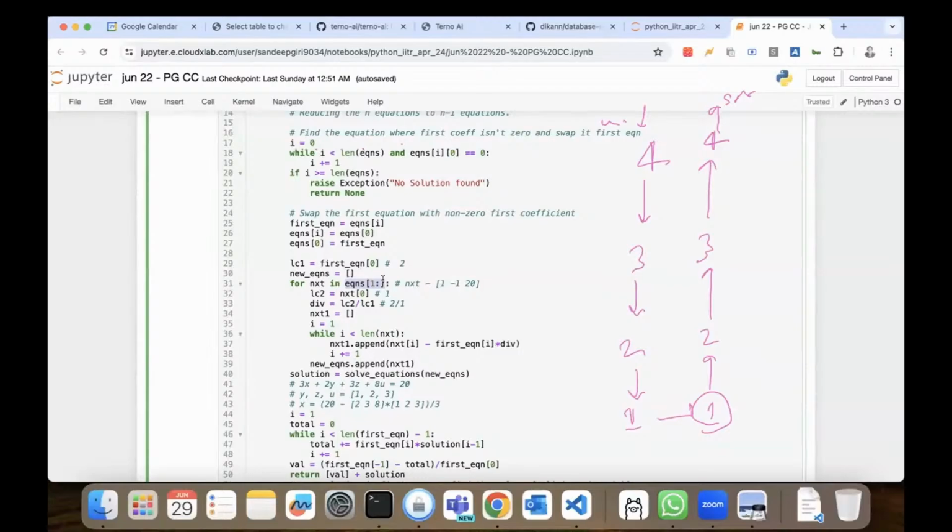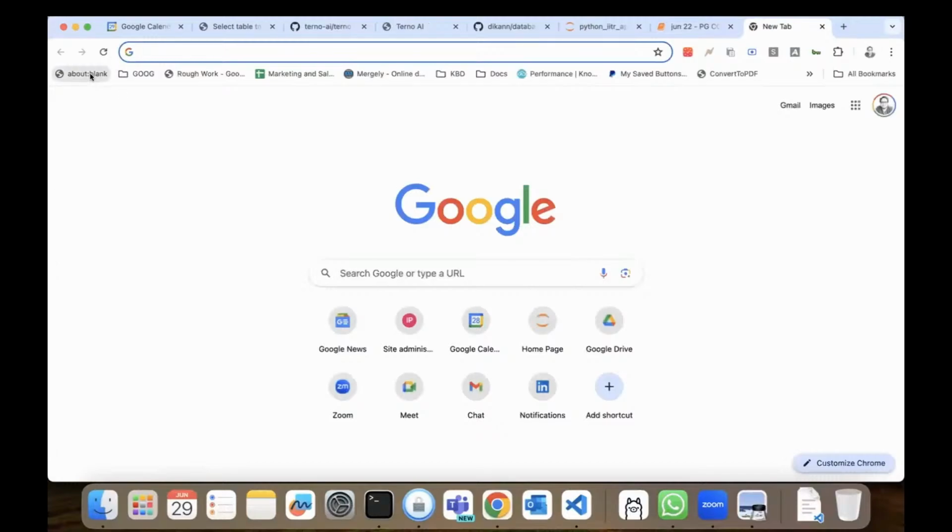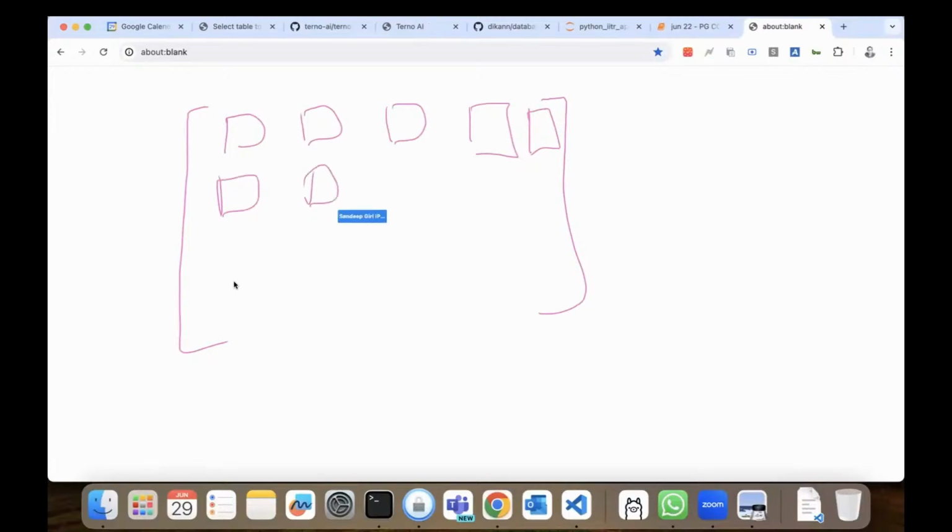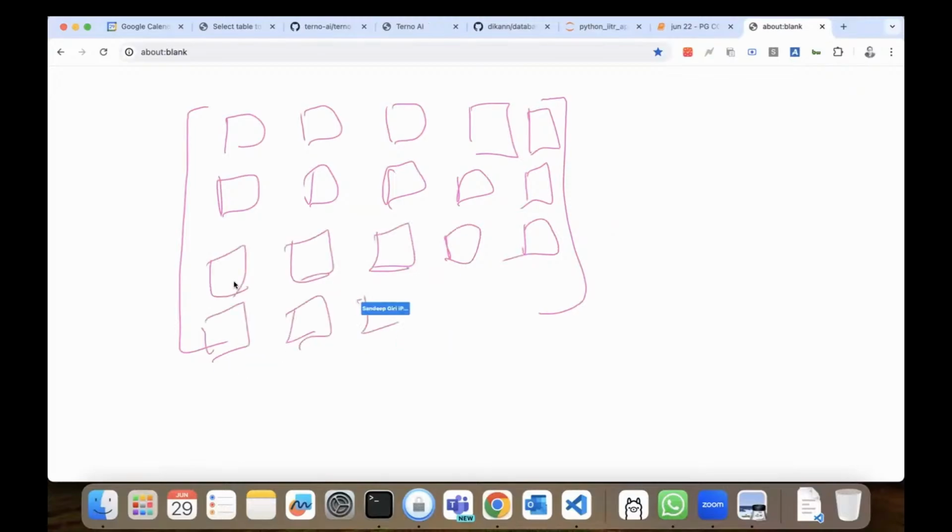All right. So the way you can probably imagine this whole process happening is like this. If you have a big matrix of numbers, it has some values here, some values here, some values here. Now, what it will do is it'll take the first equation and it'll basically eliminate these values.